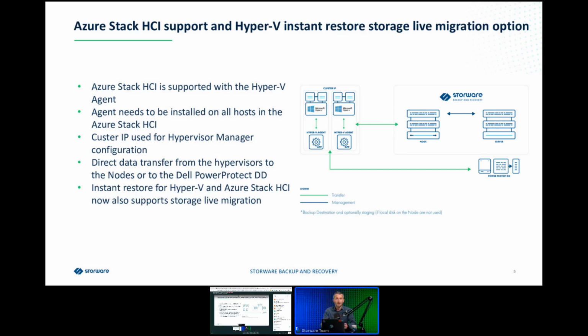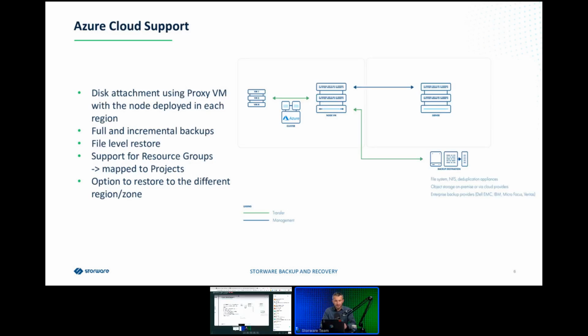You can switch this feature on when you're doing the instant restore for both Hyper-V and Azure Stack HCI. And more, if you are in a Microsoft shop and you started using the Azure cloud, there is also, from 5.2, an option to protect the Azure instances with Storware.